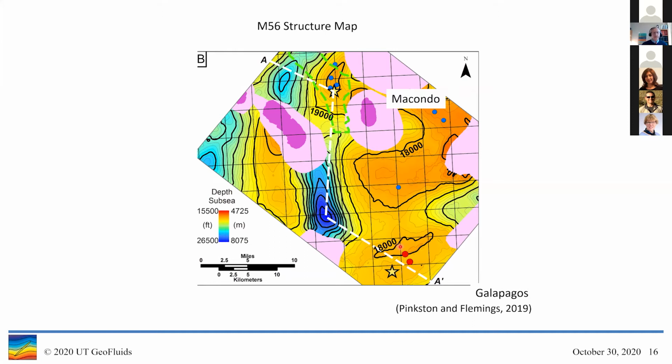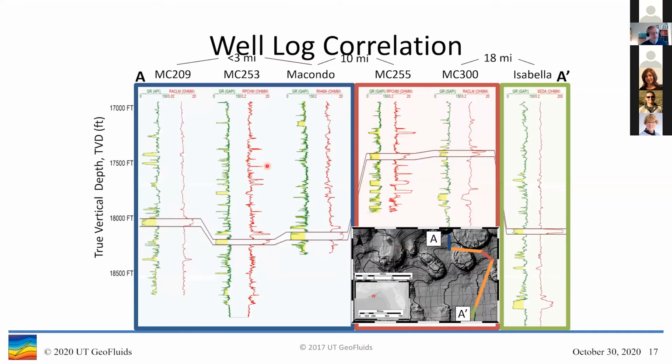Now, Will Pinkston spent days and months correlating well logs across this basin. If you'll see at the pointer on the base map, you can see the Macondo well at the top. This is one correlation down to that Galapagos development. And you can see tracking this M56 sand across this.